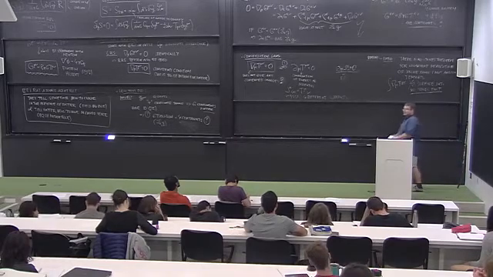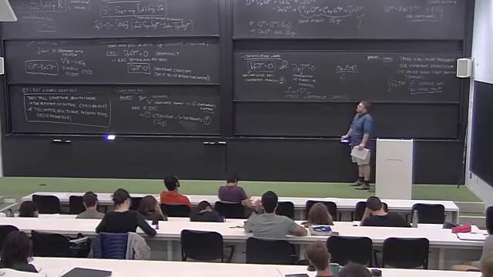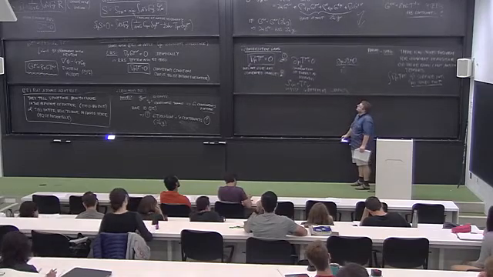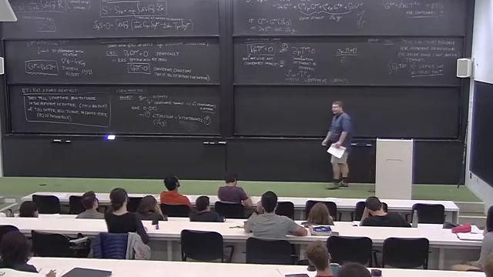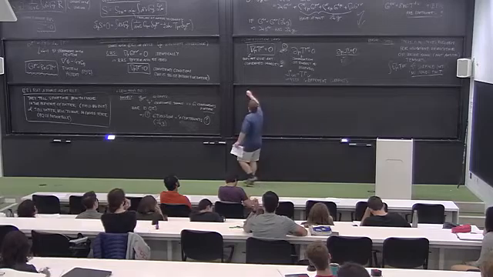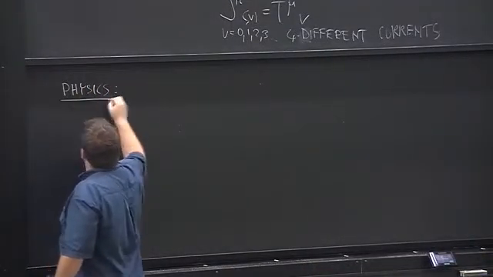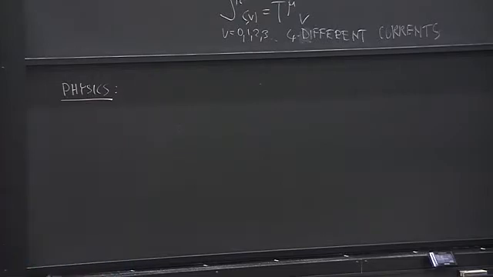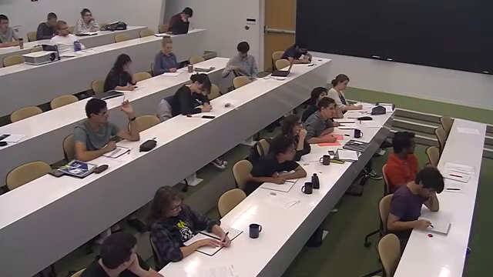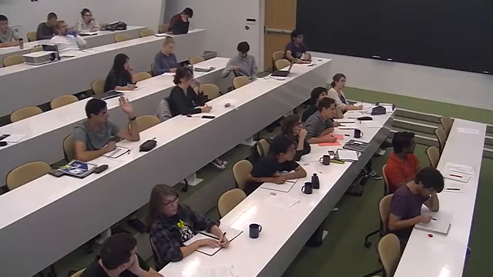Now, what is the physics reason? Do you really expect the energy momentum tensor of matter to be conserved? What do you think? It's analogous to the electromagnetic case, where we have to add the energy of the electromagnetic field.